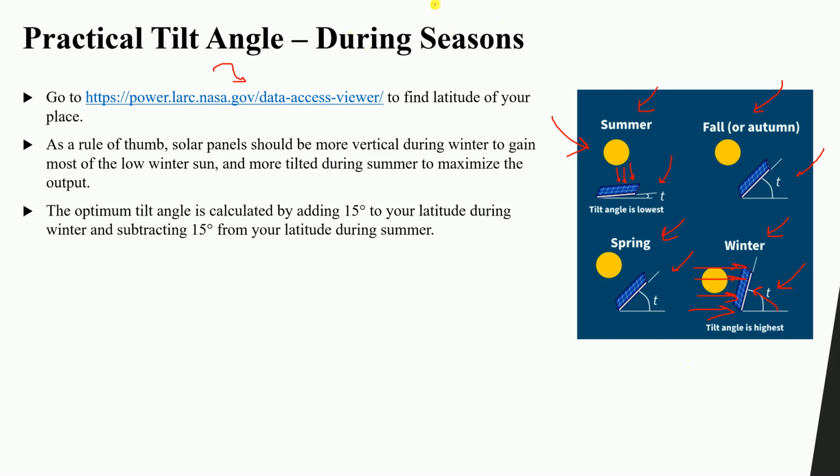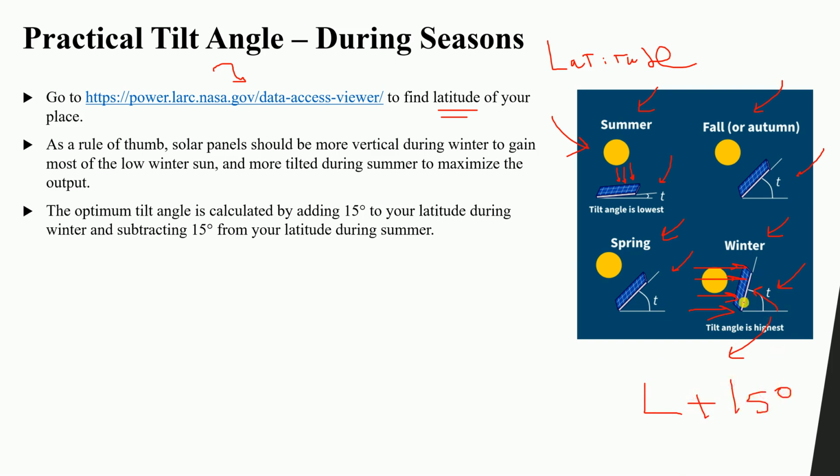First, I have the latitude, which is the most important value, of any location. The optimum tilt angle is calculated by adding 15 degrees to your latitude during winter. Since we have the highest tilt angle in winter, it will be the latitude plus 15 degrees.